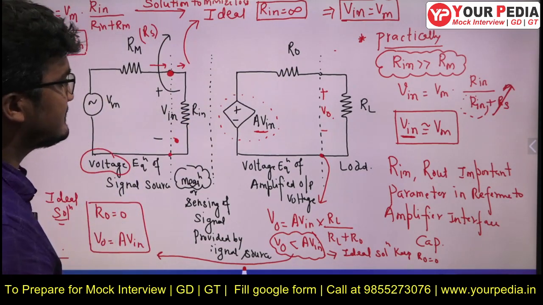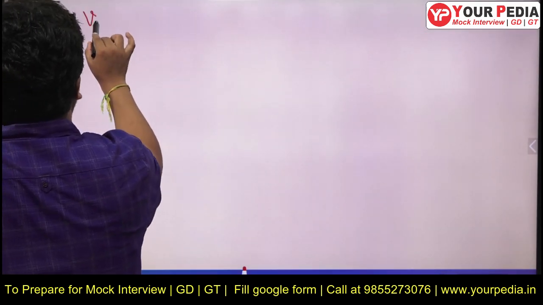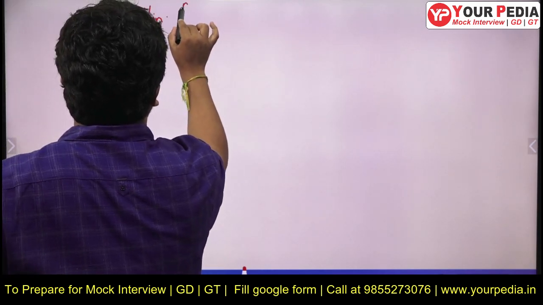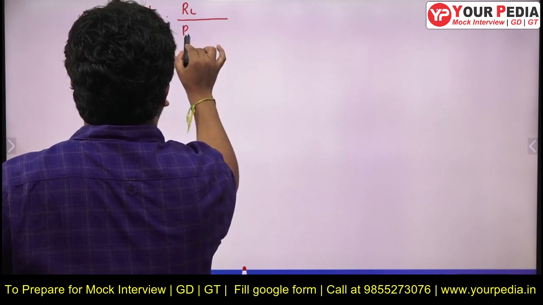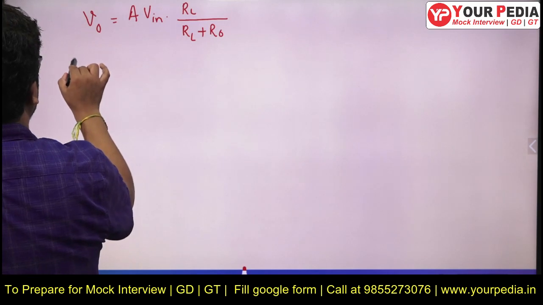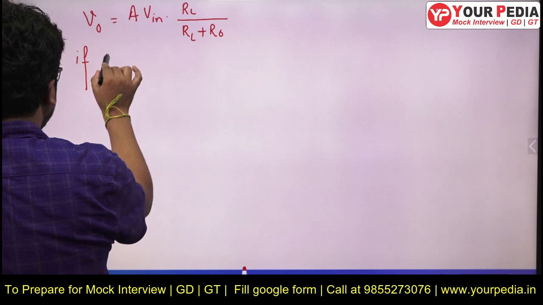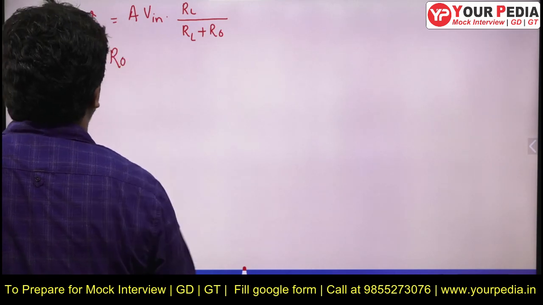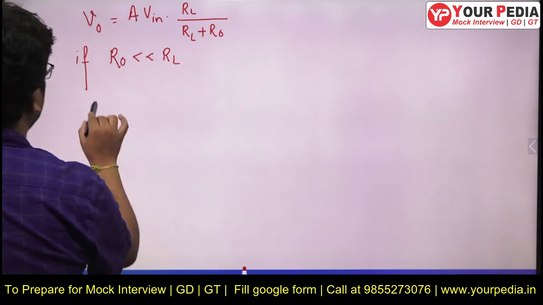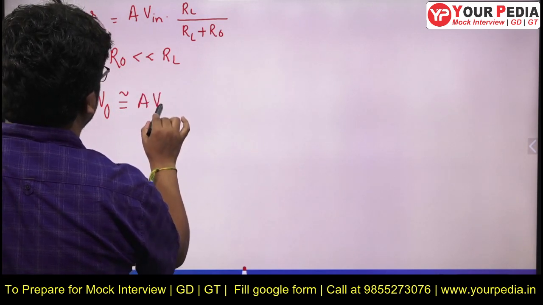Now what will be the practical solution? Practically, V out is equal to A V in multiplied by RL upon RL plus R naught. If R naught is very much less than RL, then your V out will be nearly equal to A V in.